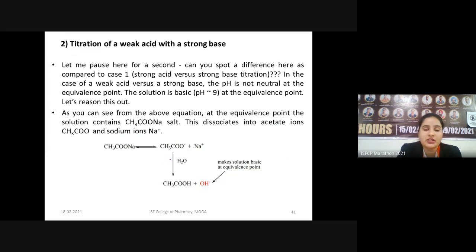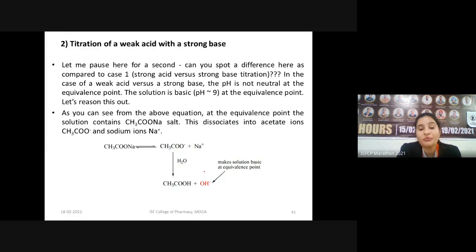Now this acetate ion is going to further react with water molecules. It will attract the H positive. The positive part of the water will be attracted towards the acetate ion and form a complete molecule of acetic acid, whereas the OH negative ions which are produced will remain in the solution as such.